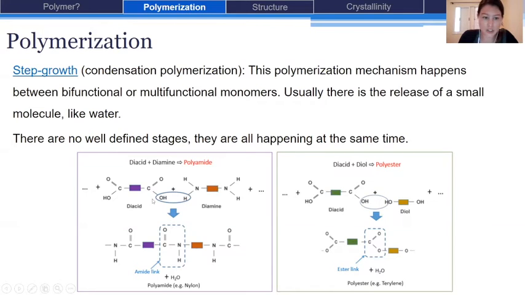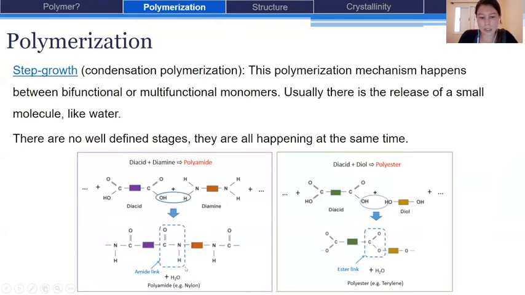And we have the reaction of one carboxylic acid with one amine that react together and create an amide link. During this reaction, we also have the release of a small molecule, and in that case, the release of a molecule of water.